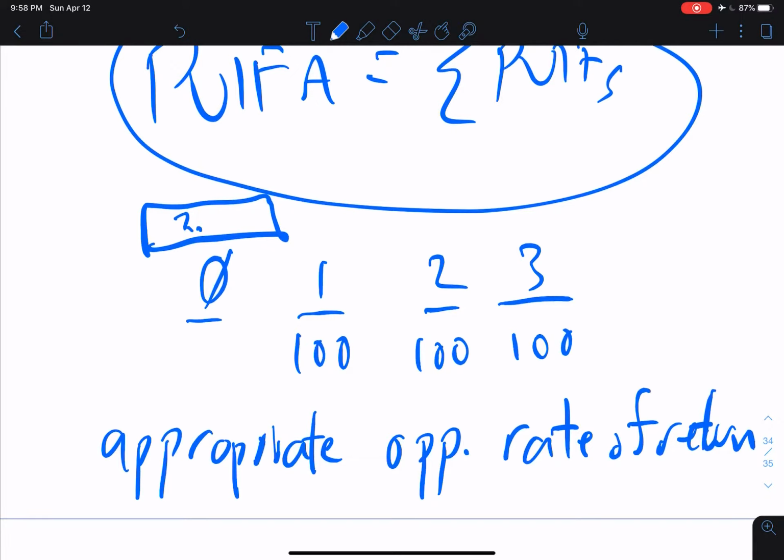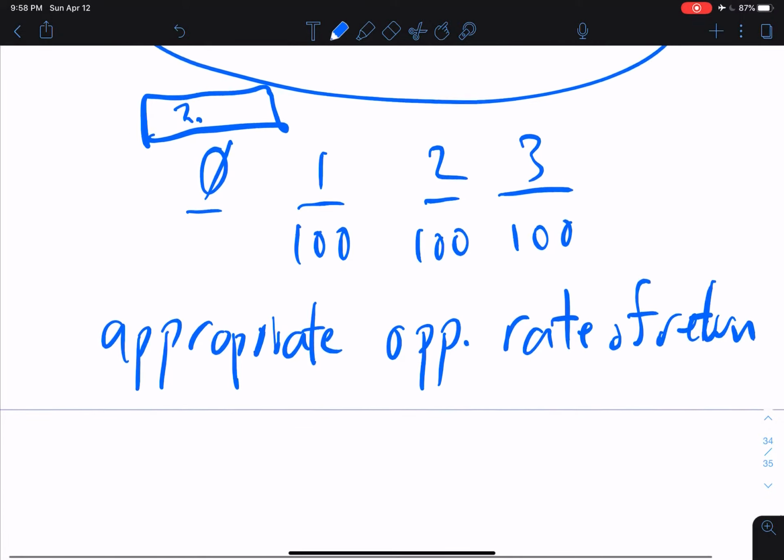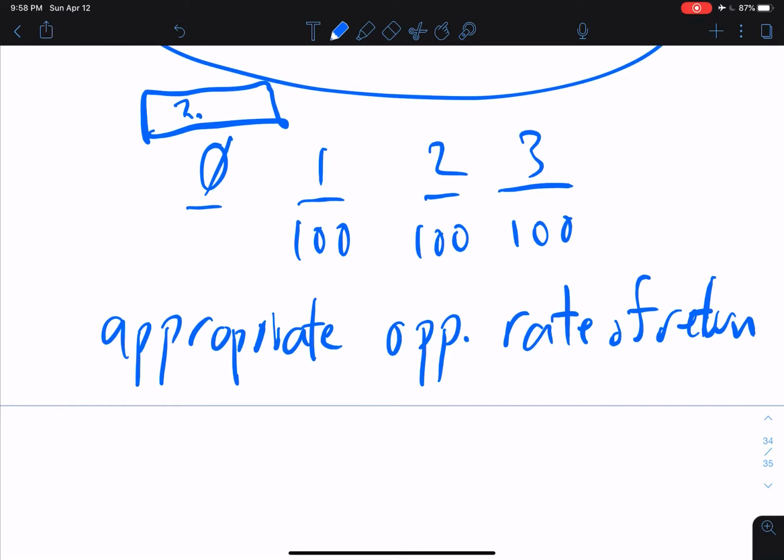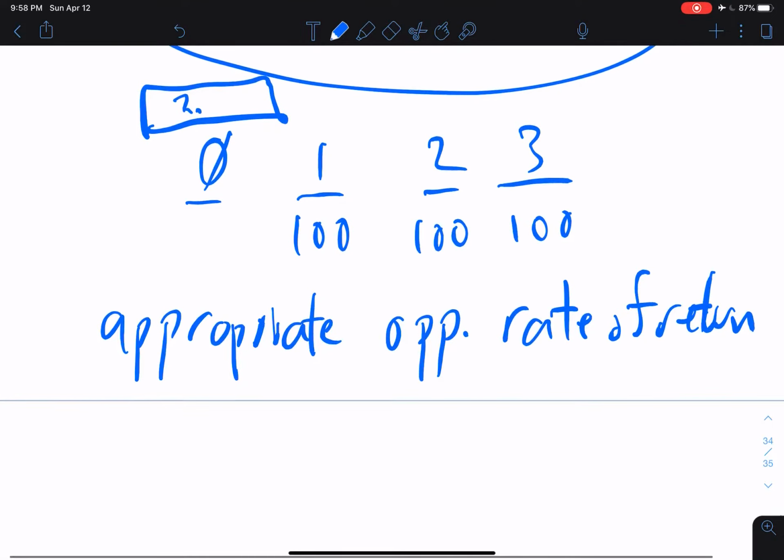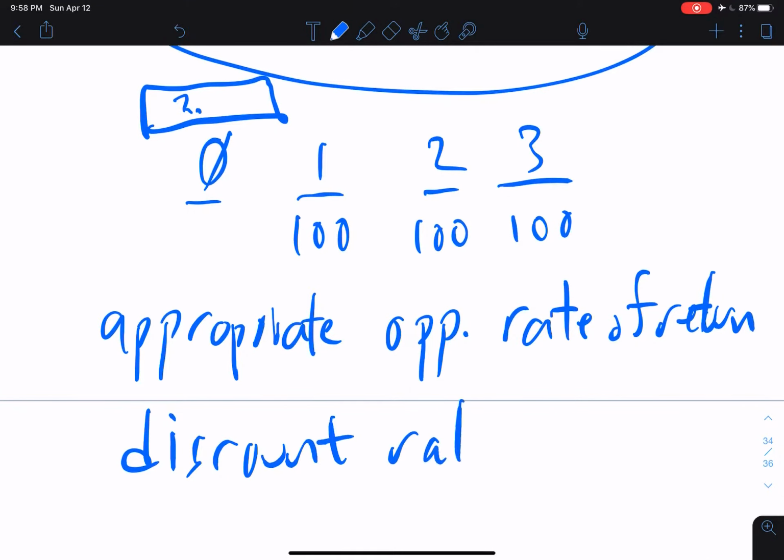And so in this case, since we're going back in time, trying to value each of these individual cash flows at a point earlier than the time in which the cash flow occurs, we call this opportunity rate of return, in this case, a discount rate. Okay, so the discount rate is our opportunity rate of return in this example, because we're moving back in time.